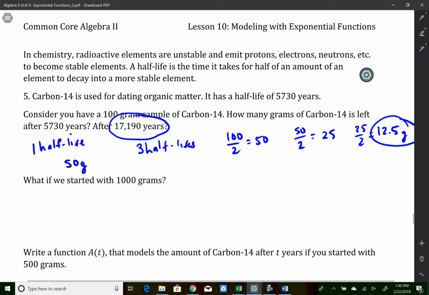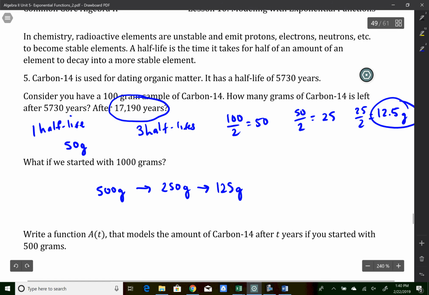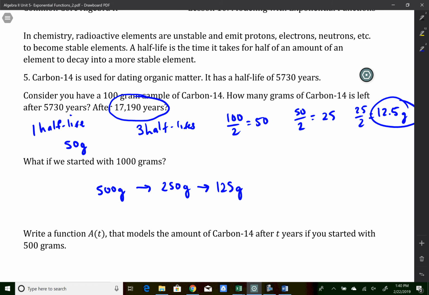Would the same thing happen if we started with 1,000 grams? So after 1 half-life, we'd be at 500 grams. Then after the second half-life, we'd be at 250 grams. And then after the third half-life, we'd be at 125 grams. So each time we take a half-life, we're dividing by 2.